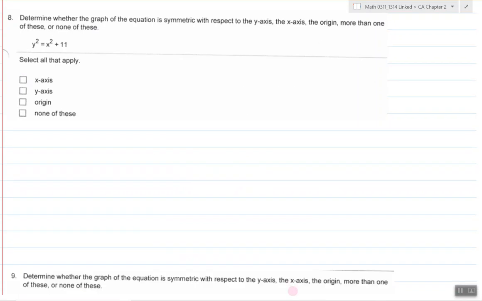All right, testing again. Let's test for the y-axis. So negative x in the place of x. I'm sorry, let me start by writing the original. y squared is equal to x squared plus 11.